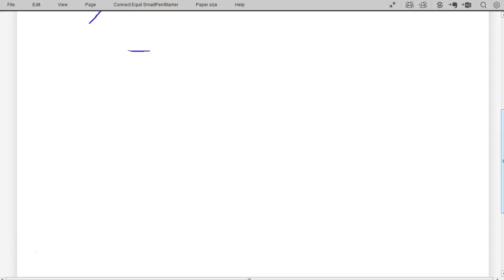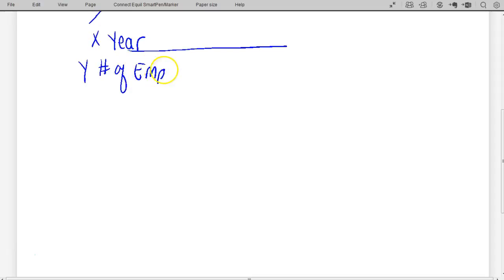So what that means is if we have that table that they have with the year and the number of employees, years are x, employees are y. Okay, 1972, if 1970 is 0, then 1972 would be 2.